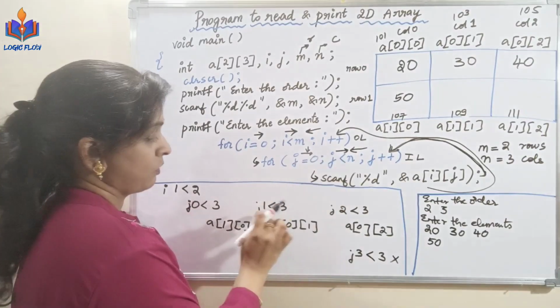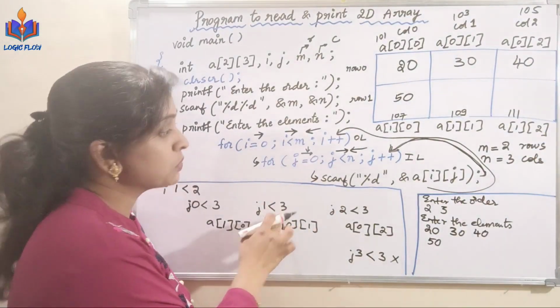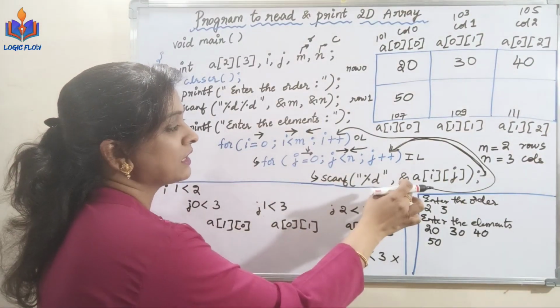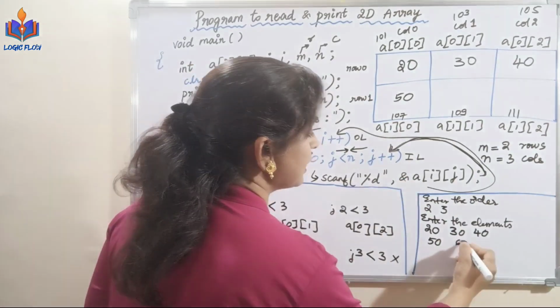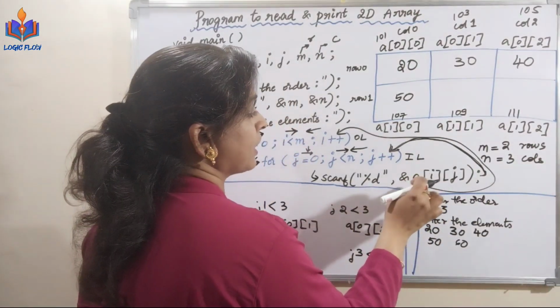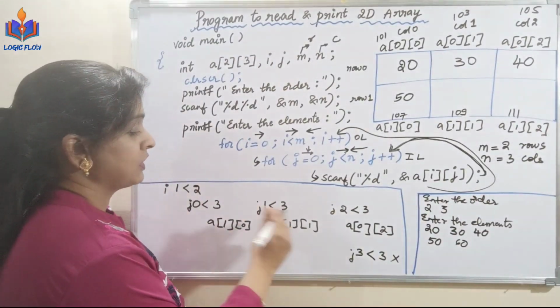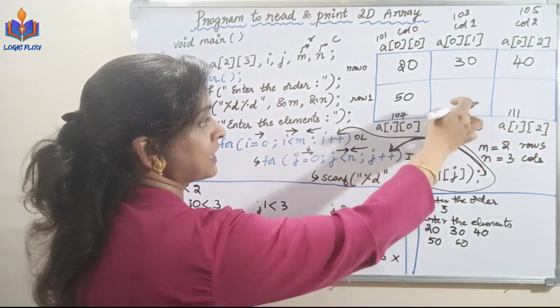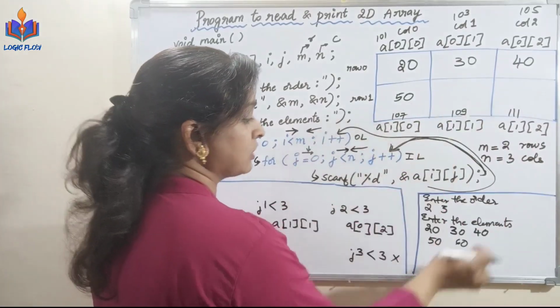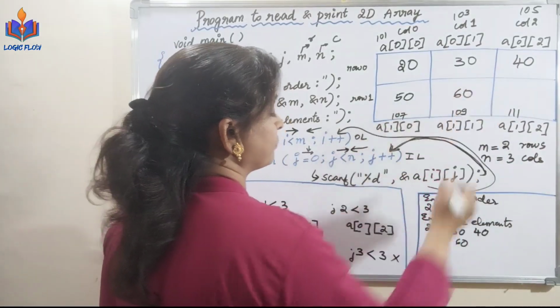Then 1 less than 3, yes, condition true. Scan the next value, so I'll give 60. Store that in the address of a of ij. i is 1, j is 1, a of 1, 1, say the 109 location. The next value will go.